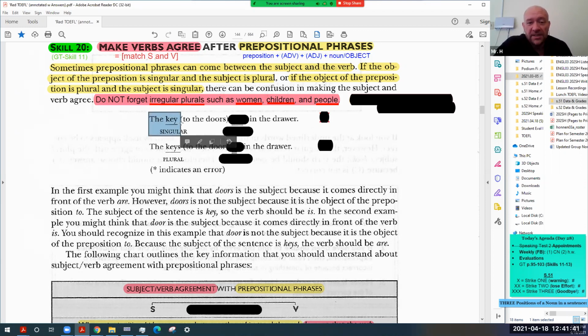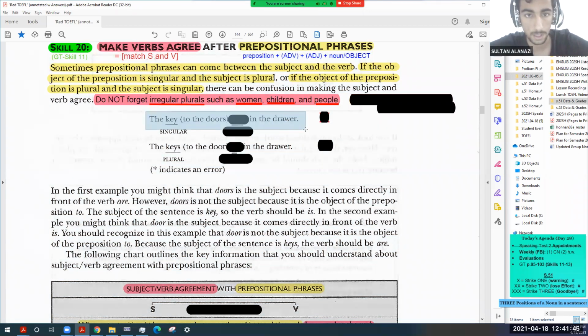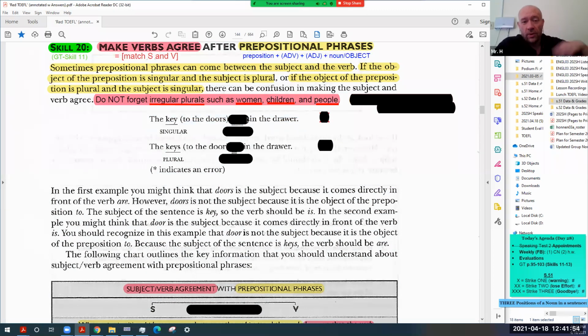So, for example, Sultan. The key to the doors are in the drawer. Here the verb must now be singular. Exactly. Why should it be singular? Because of doors? No, it refers to the key, not the door. The door is in the prepositional phrase.